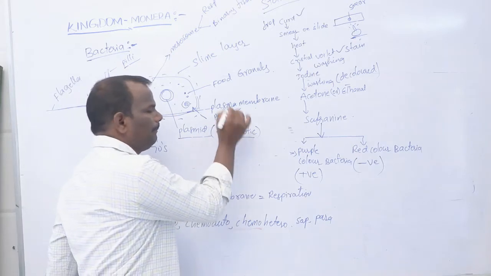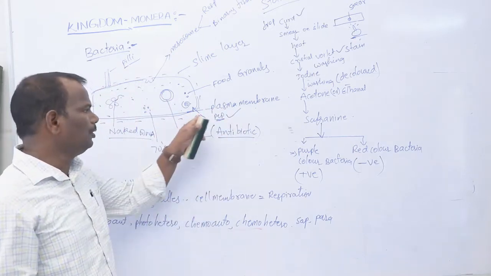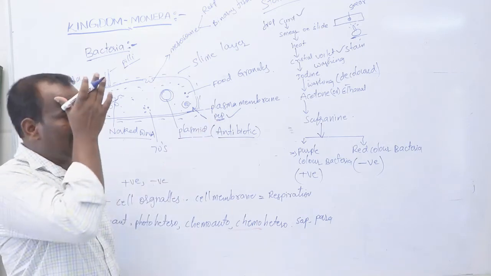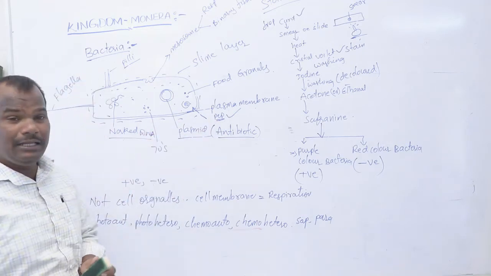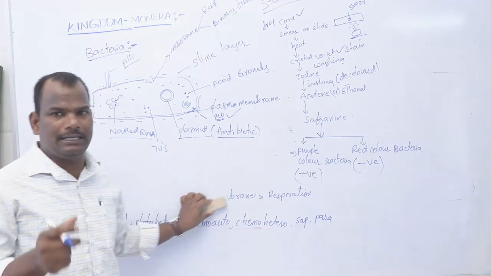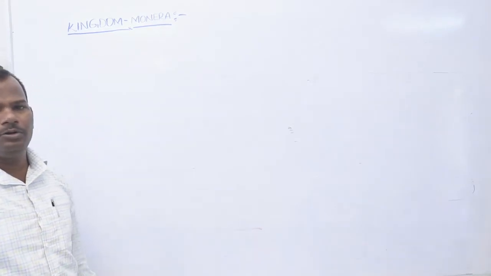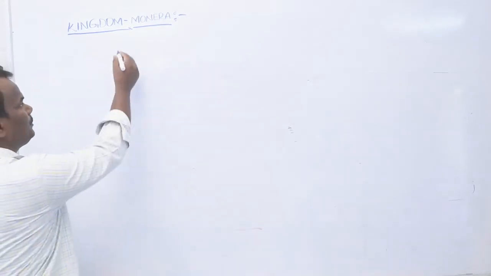That is, penicillin works on the cell wall, especially the peptidoglycan. Next, the types or shapes of bacteria. Now we will discuss the shape of bacteria.